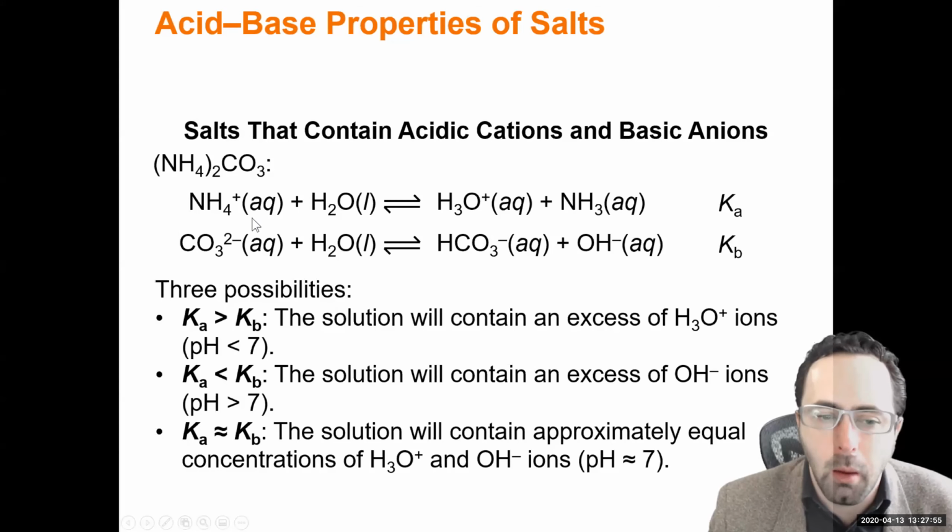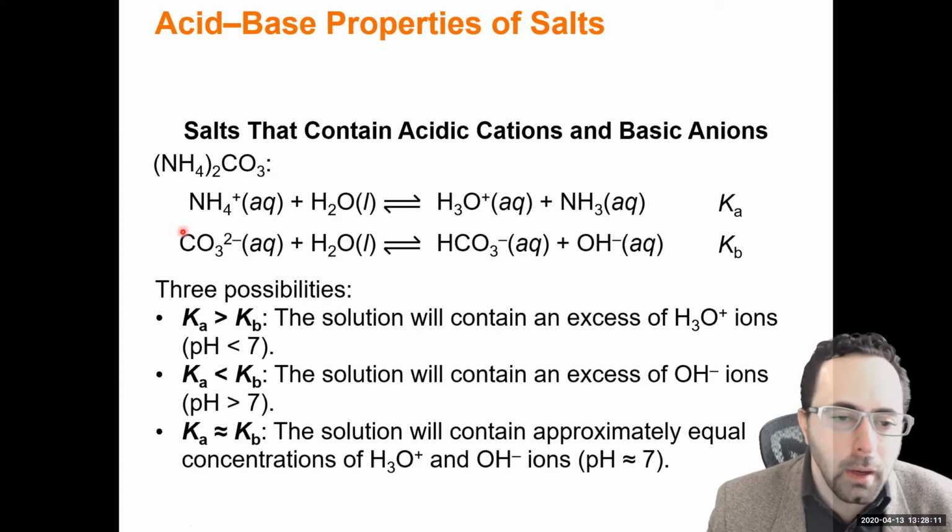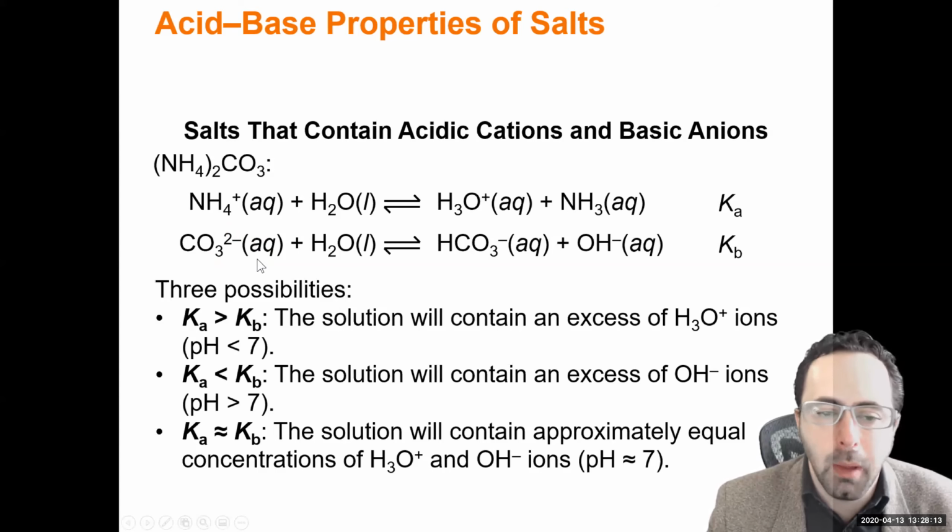So again, ammonium ion will behave like an acid because it is the conjugate acid of the weak base ammonia. So it will give its proton, make H3O+, and we'll be left behind with ammonia, its conjugate base. The carbonate ion is a base because it is the conjugate base of the very weak acid HCO3-.